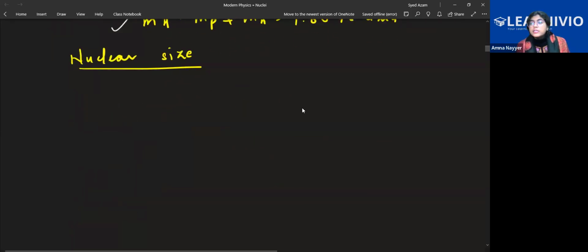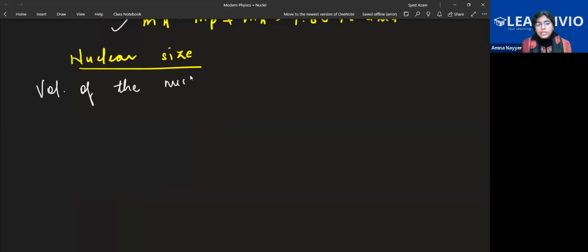Now coming to the nucleus size. When we are talking about the size of a nucleus, the first thing is the volume of the nucleus. Volume of the nucleus, you have to remember, is directly proportional to its mass number. This is the whole concept.